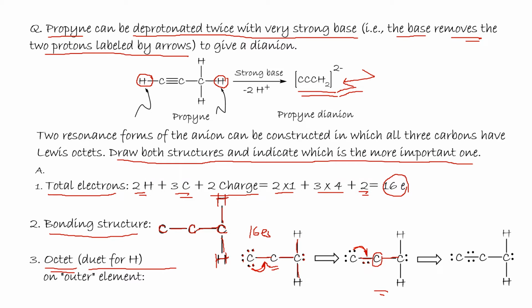Now we have 8 on this carbon, 8 on that one, 8 on this one. All right, so this is okay. We have reached the right connections.